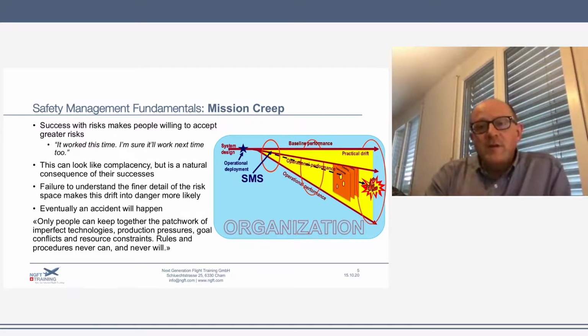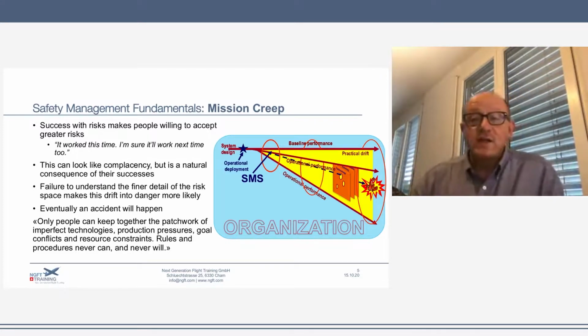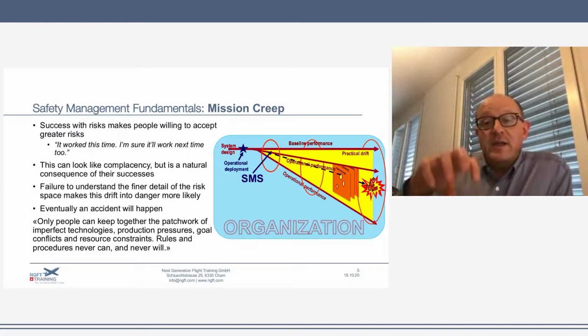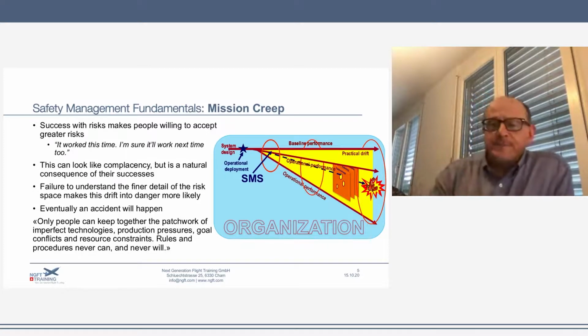Now, obviously, humans tend to try to optimize things. So they try to make shortcuts to make it faster, quicker. Sometimes the process is not clearly defined, so they actually bridge the gap to make sense out of the process. That actually deviates from the baseline performance as we have imagined. Now, this is what you can see here on the right-hand side.